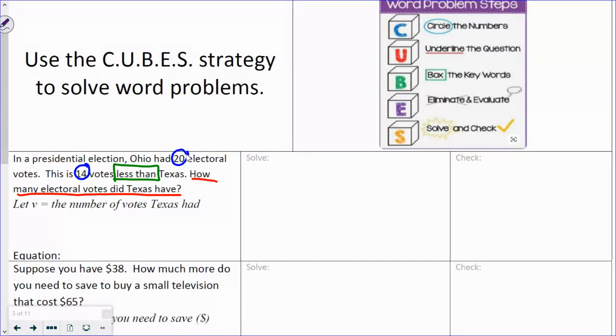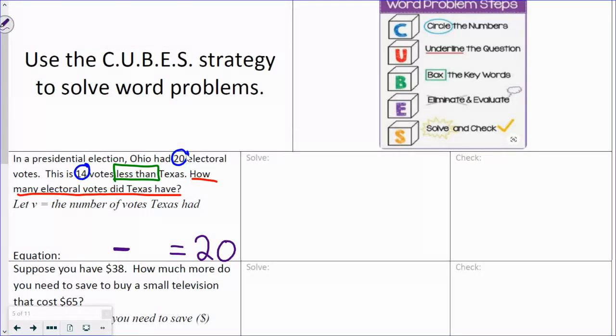So we need to know now, how would we write our equation? What we want to start with is, what operation are we working with? Well, less than means to subtract. I know I have some type of subtraction. We had a total of 20 electoral votes in Ohio, so that's what we need to equal. What equals this 20? 14 votes less than Texas.